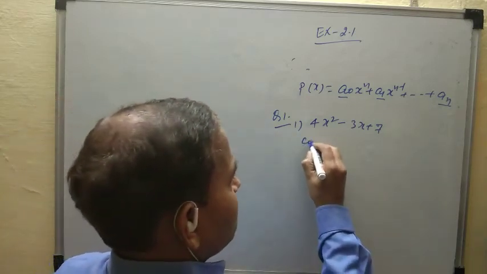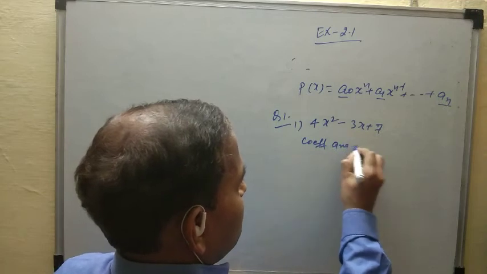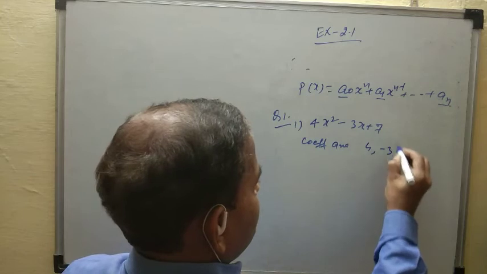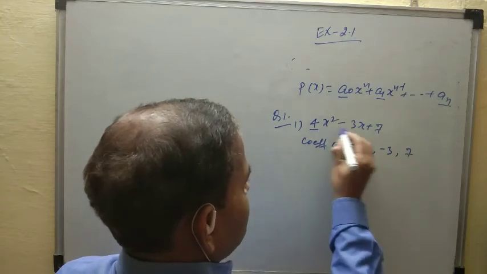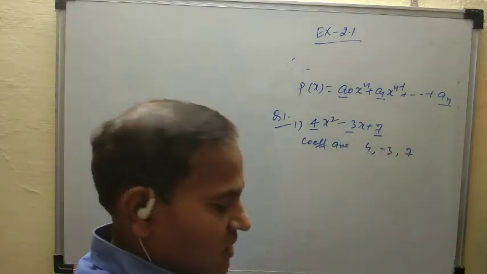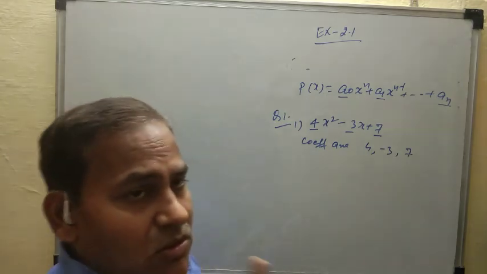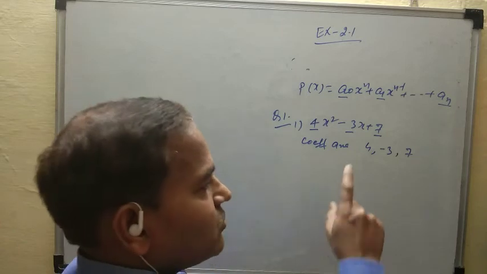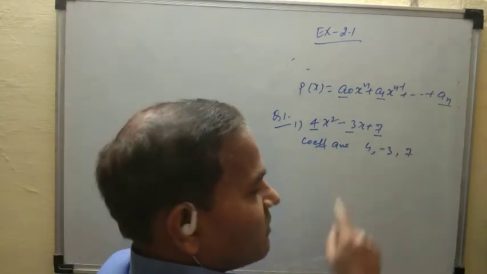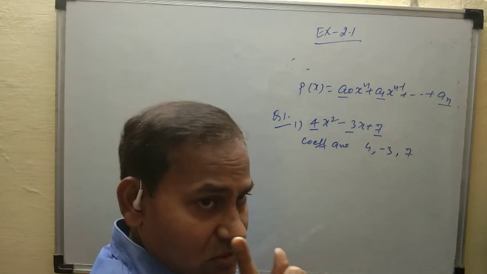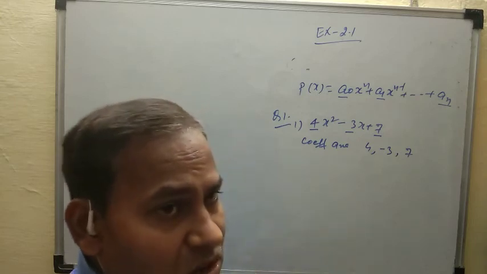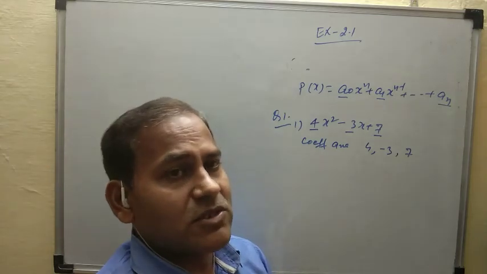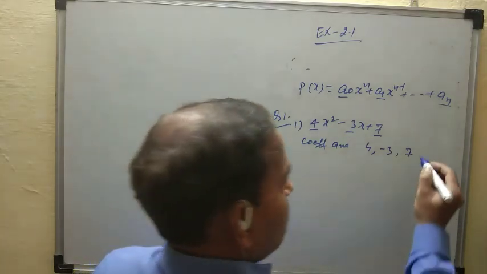Here coefficients are 4, next minus 3 and third 7. These are called coefficients. And check that all coefficients are real numbers or not. So you check 4, minus 3, 7 real numbers or not. Since all are real numbers, because a number whose square is non-negative is called a real number. So all are real.